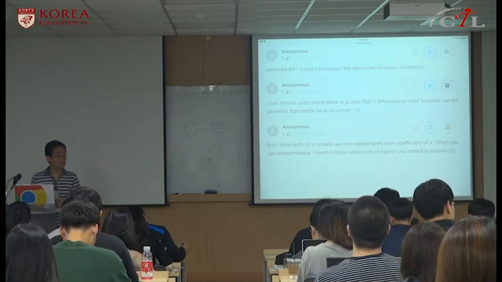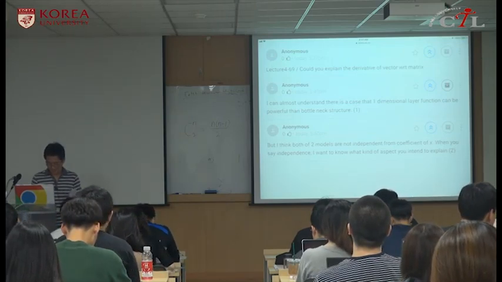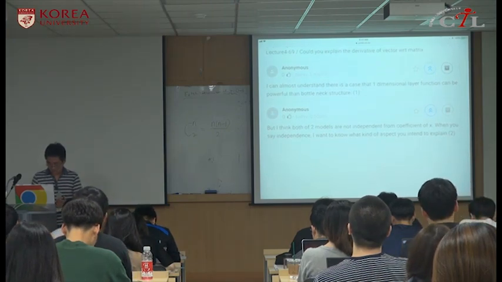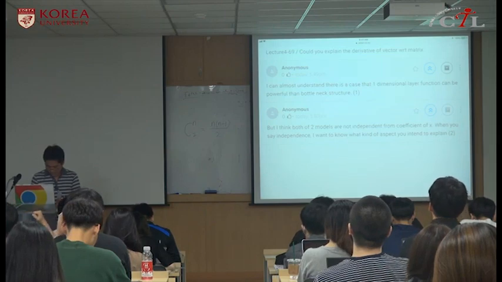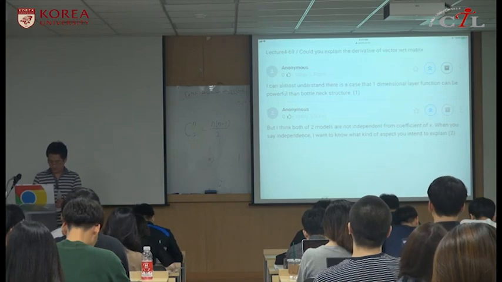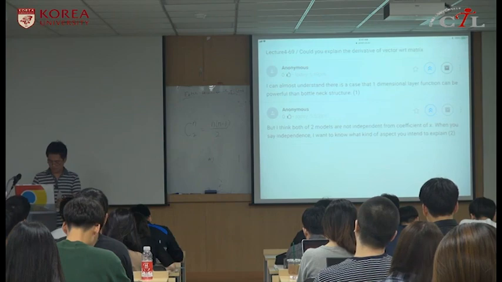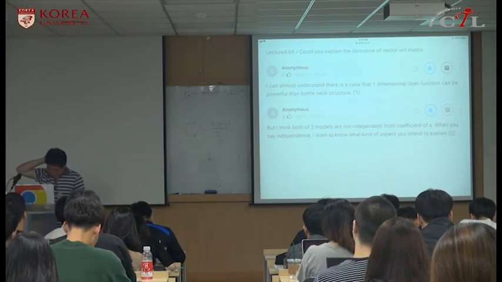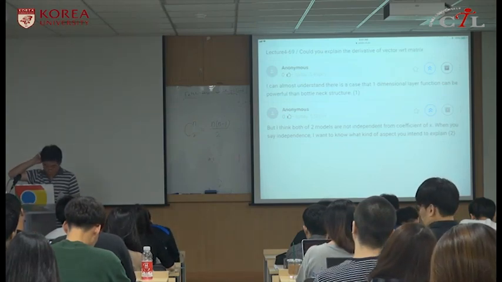Okay, maybe the student can discuss offline or after class with me. Both of the two models are not independent from the coefficient of x. When you say independence, I want to know what aspect you intend.